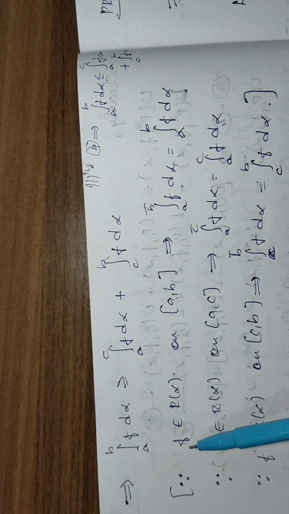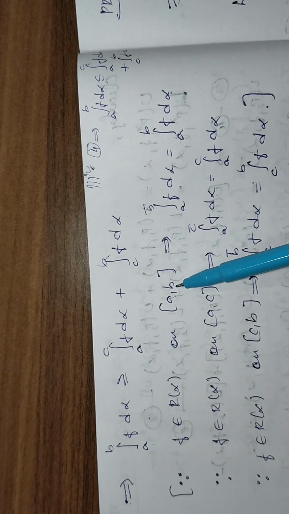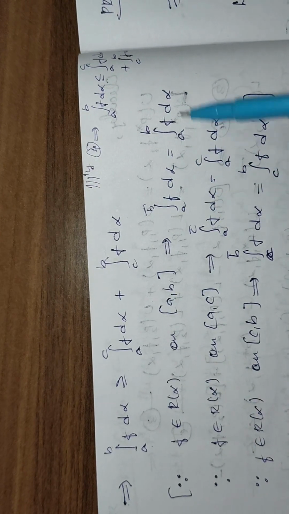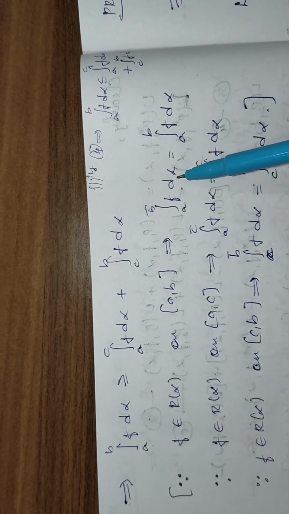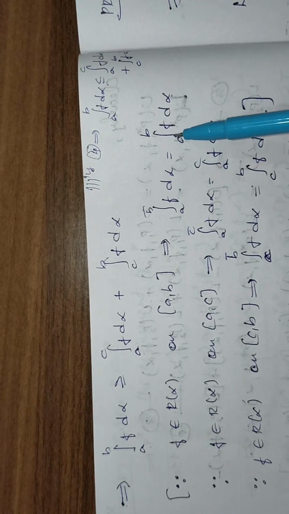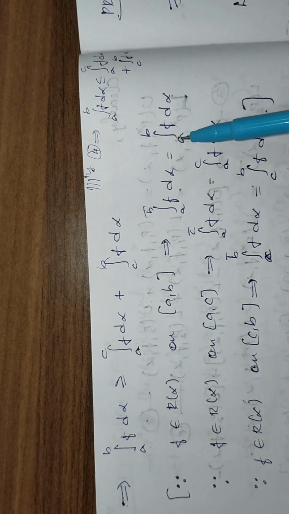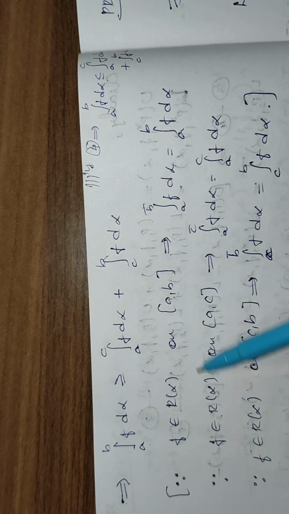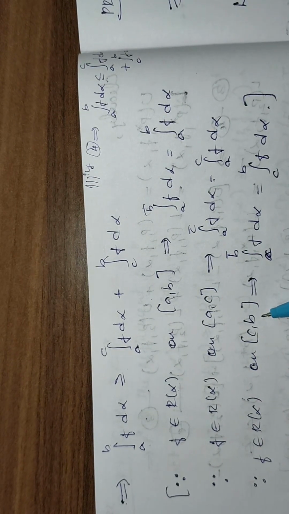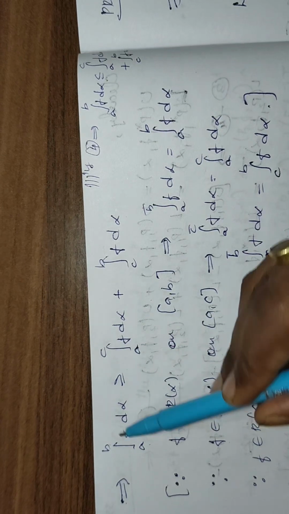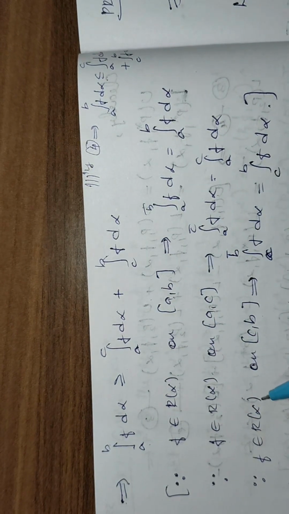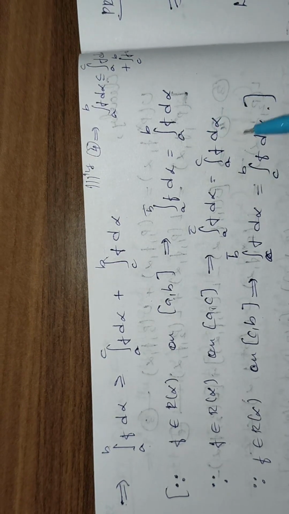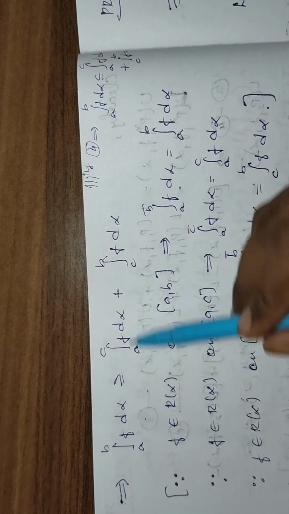Because here f belongs to R of alpha on closed interval ab, and if f belongs to R of alpha, I can do this. That is, the upper Riemann-Stieltjes integral becomes equal to the common integral, that is the integral from a to b of f d alpha. So f belongs to R of alpha on ab, ac and cb. I have done this for all three integrals, so this integral now looks like this, and similarly this. So I have got this.